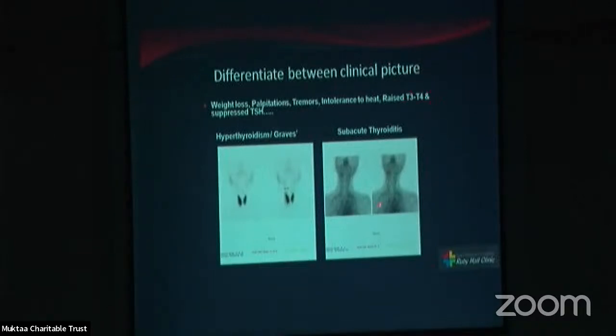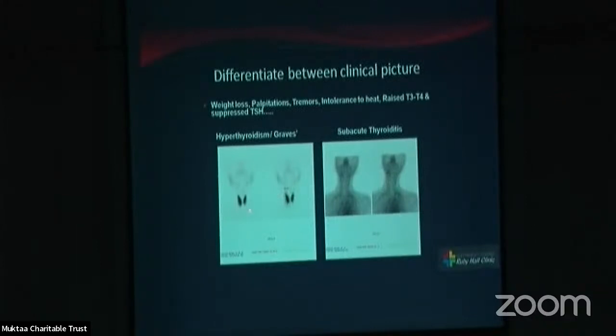These two conditions have two completely different treatments. This one will need radioactive iodine treatment, which we will discuss later. And this patient will not need anything. Nothing. Within about 3 days, the patient will get better. Such a big difference.